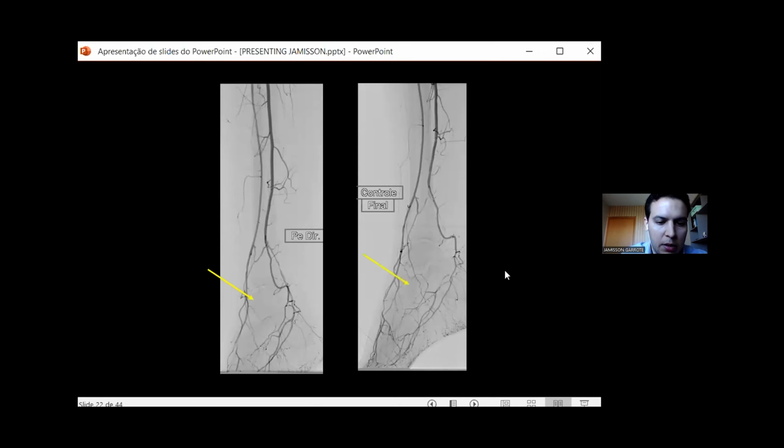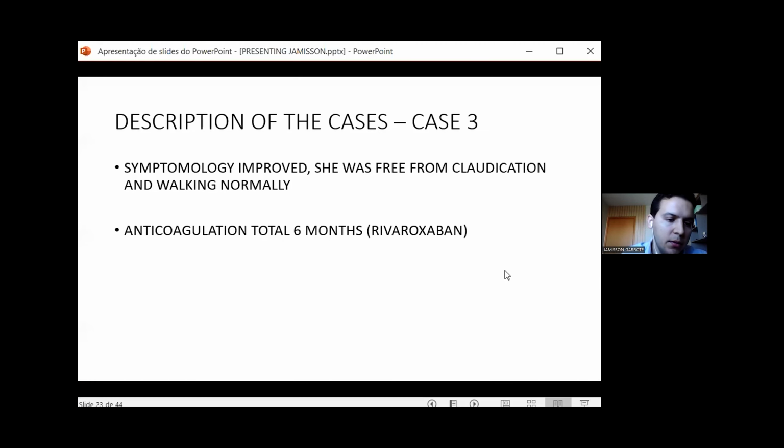You can see the improvement after the distal angioplasty. Her symptomatology improved, and she is free from claudication, walking normally. The total anticoagulation for her was 6 months of rivaroxaban.